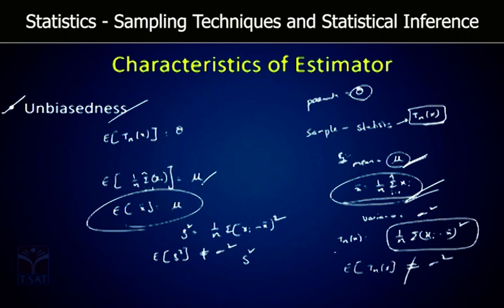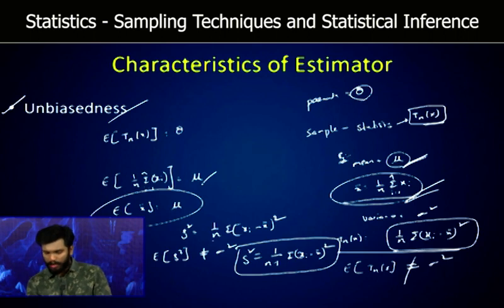For Tn of x to be an unbiased estimator, I have to consider one more function just to make it an unbiased estimator. So I'll consider capital S square is equal to 1 by n minus 1 into summation xi minus x bar whole square. Remember, small s has n here, capital S has n minus 1 here, that is the only difference.